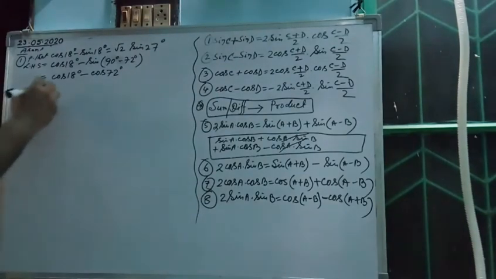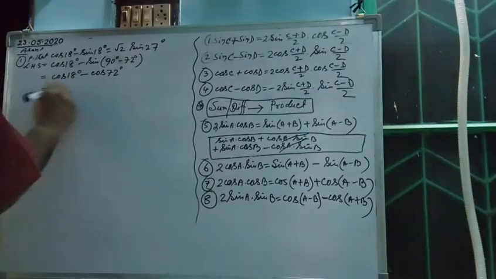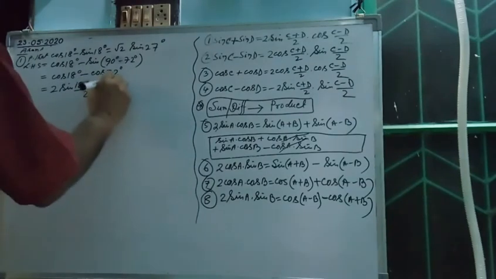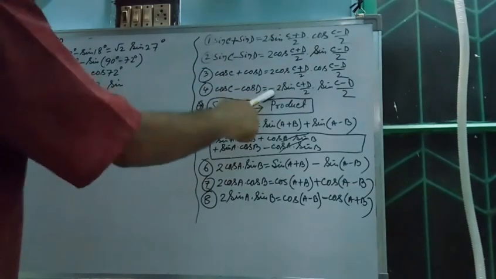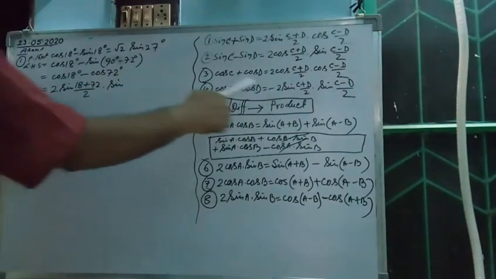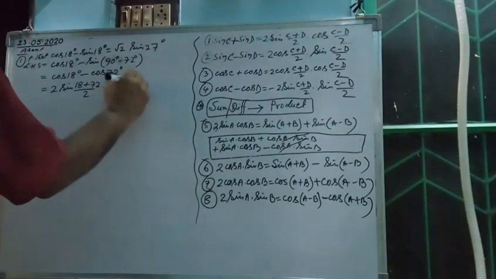So we can write it as 2 sin (c plus d)/2 into sin (d minus c)/2. Here there is a minus sign, but I am not writing the minus sign, so we write sin (d minus c)/2, sin 72.